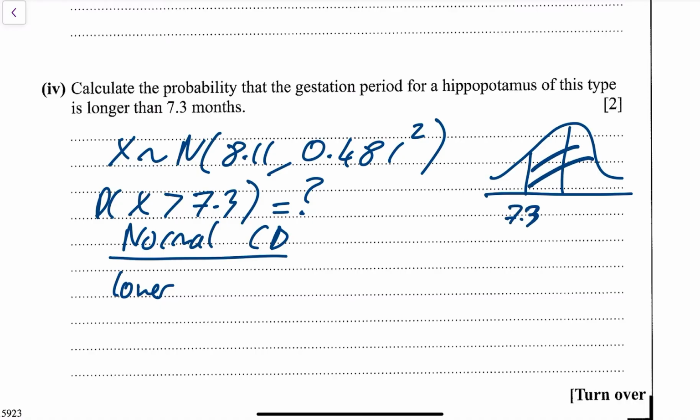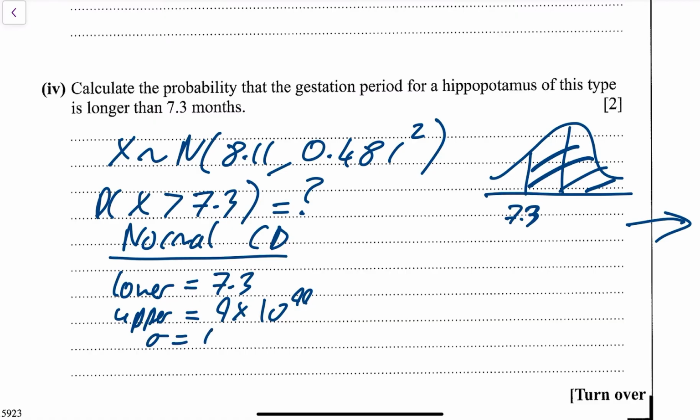So I'm going to guess this is going to be a pretty big decimal for my answer for this area. So my lower value is 7.3. My upper, just do 9 times 10 to the power of 99. Technically this thing goes on to infinity. My sigma was 0.481. My mu was 8.11. I'm going to do this again.